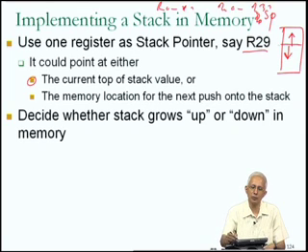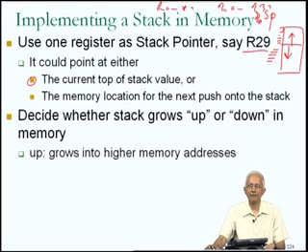In other words, does it grow into lower and lower memory addresses, or into higher and higher memory addresses? Typically, when I use the words growing up in memory, I am referring to growing into higher memory addresses. Therefore, the arrow moving in this direction is what we would refer to as growing up in memory. Note that one would typically show the lowest memory address at the top and the highest memory address, say 1000 or whatever, at the bottom.